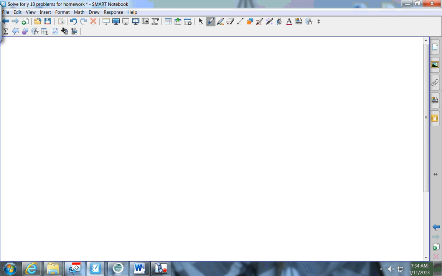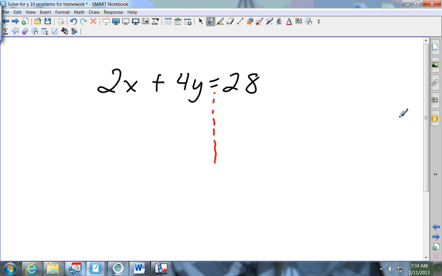Next one, you had 2x plus 4y equals 28. Again, I'll go to the equal sign and put a dotted line. Here is my y. I need it by itself. We're going to do addition and subtraction first, so I'm going to subtract 2x from each side. I get 4y equals negative 2x plus 28.